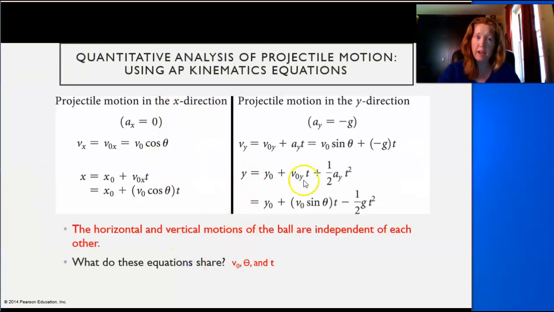Now, these ones I took from another textbook, but they should match up with our AP equations. If you look on the left-hand side, here are the x direction equations. What we're doing here is remembering that in the x direction, there is no acceleration.